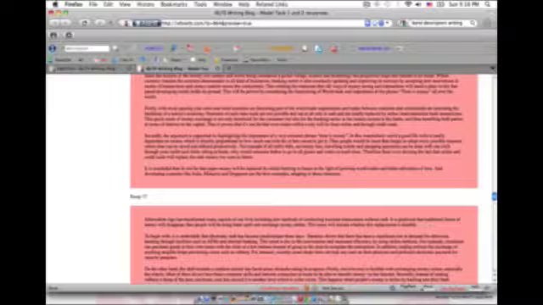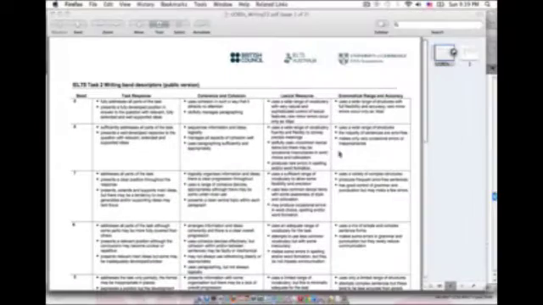Now, before we get down to analyzing the essays themselves, I just wanted to explain how I went about gauging the quality of the essays. I graded all essays using the IELTS Writing Band descriptors, which is this file here.